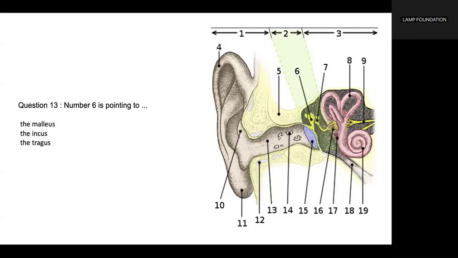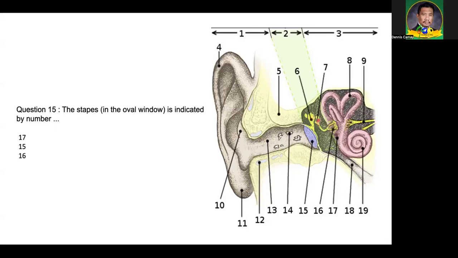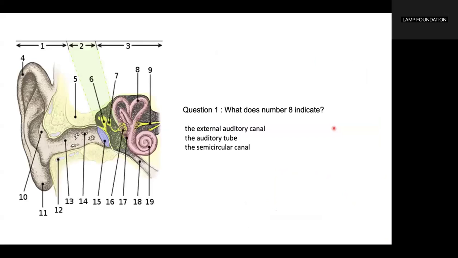Number 6 is what? The malleus. Number 7. The incus. Stapes in the oval window is what number? 16. Yeah, this one. So malleus, incus, stapes. Number 8.